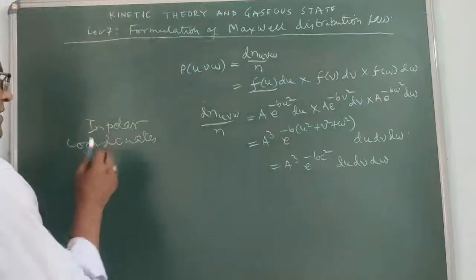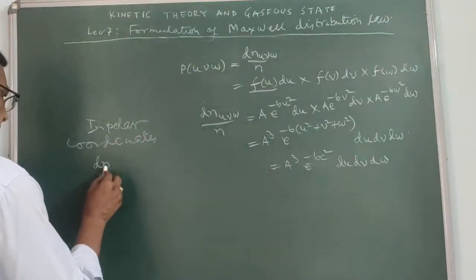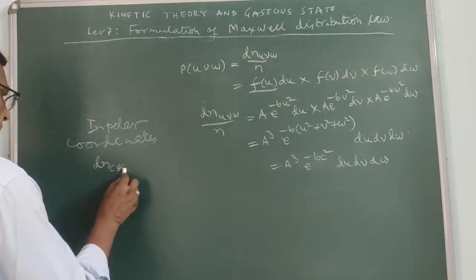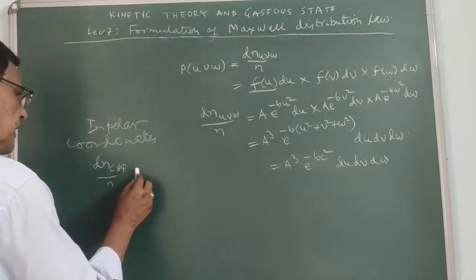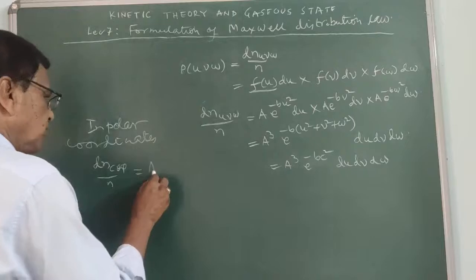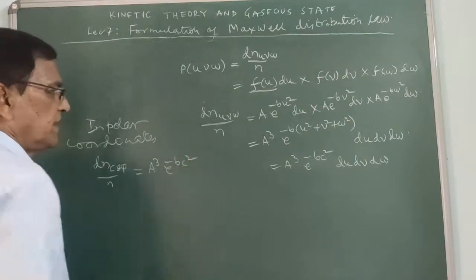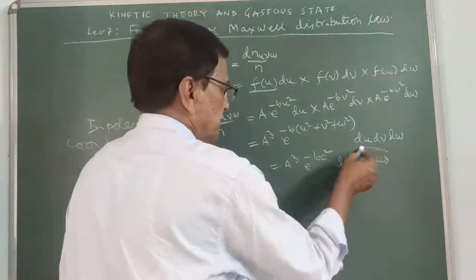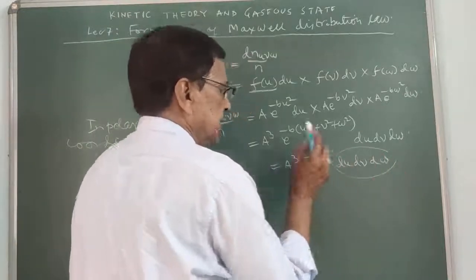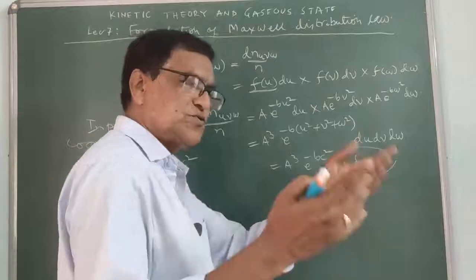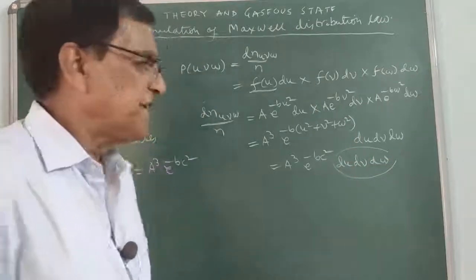So we can write dn(c,theta,phi) divided by N equal to A cube e to the power minus b c square, and instead of du dv dw we use polar coordinates.